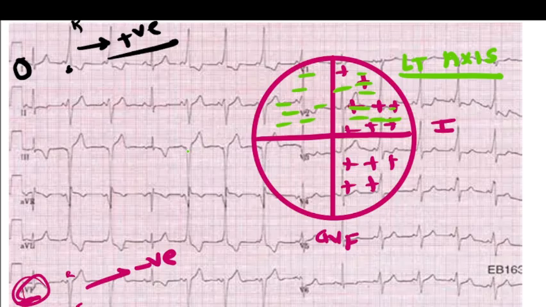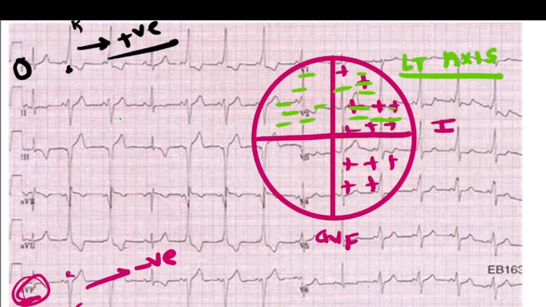So I hope it's clear how to find out the axis deviation if they give you any ECG. In whatever source you are following, there are some examples they have given you, causes of right axis deviation and left axis deviation.